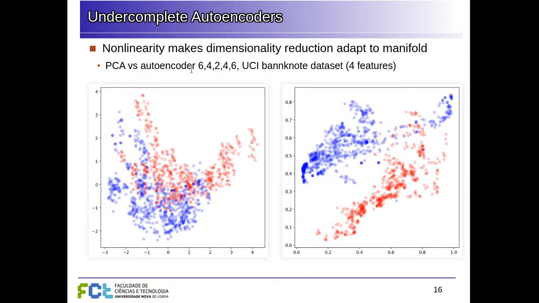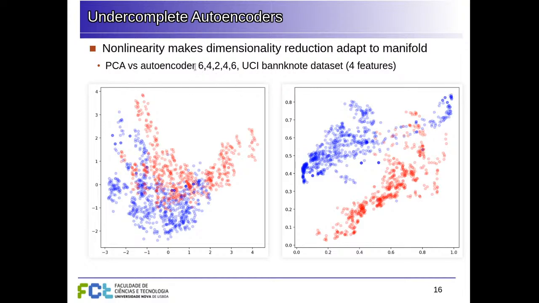But if we train an autoencoder, for example, this is an autoencoder with 6, 4, 2 and then 4, 6 neurons. So we input the 4 features into 6 neurons, then we reduce to 4, 2, then we expand to 4, 6, and then we have an additional layer with 4 neurons for the output, so that we can recover exactly the same input that we inserted into the network.